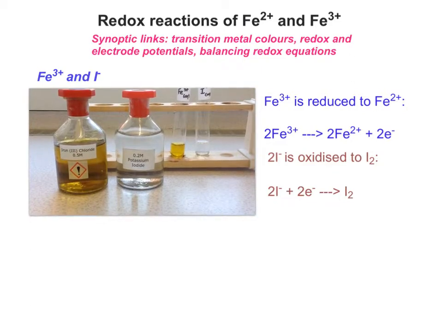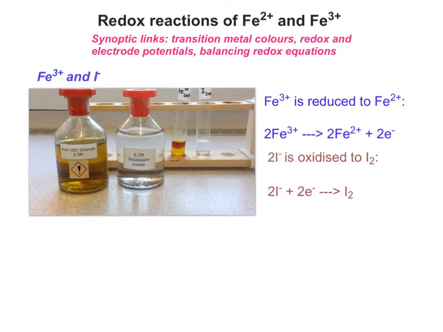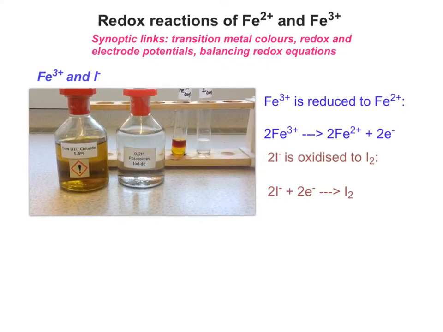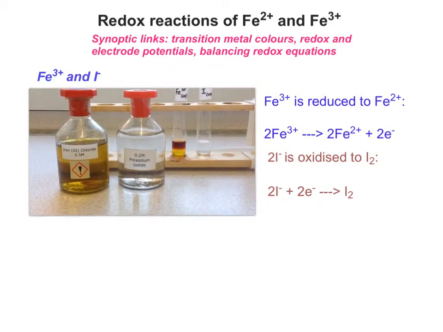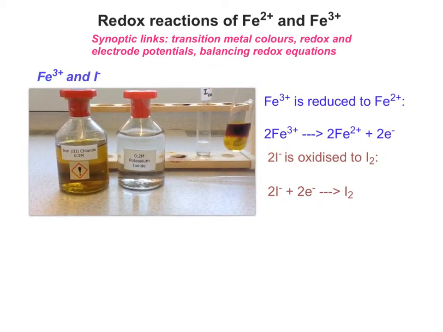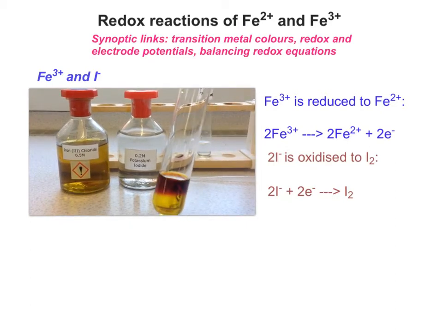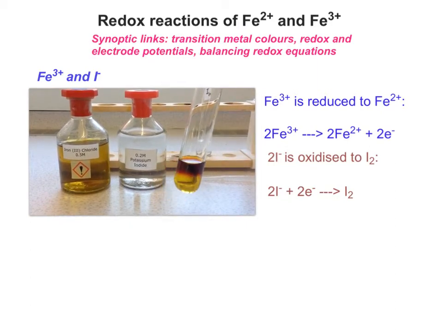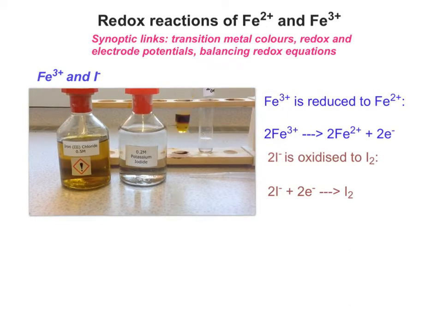And as soon as there's enough of it there, you'll get a brown colouring towards the top of the liquid. That brown colouring is the formation of iodine. At the same time, we'll obviously be forming some pale blue Fe2+, but unfortunately the colour of that is masked a bit by the presence of the aqueous iodine. So we'll do the overall equation for this in a moment as well.